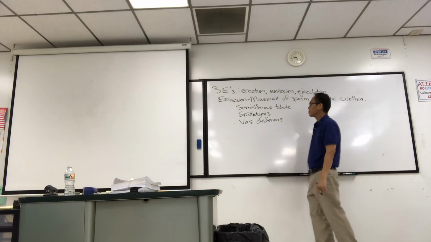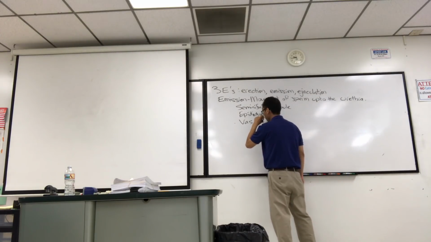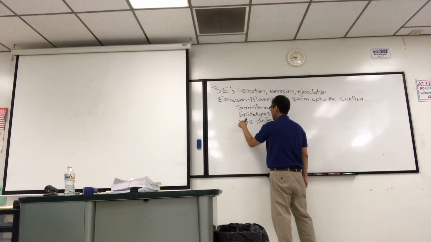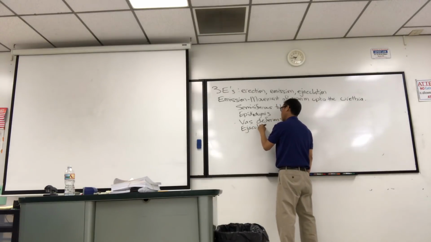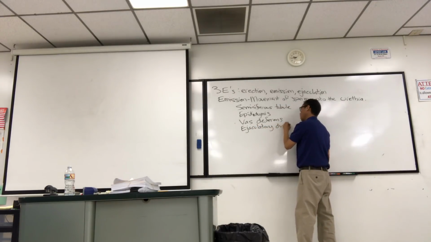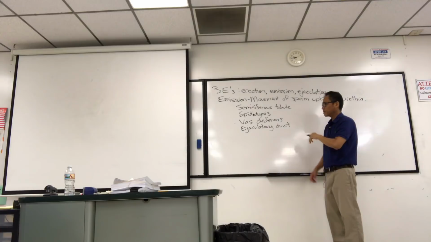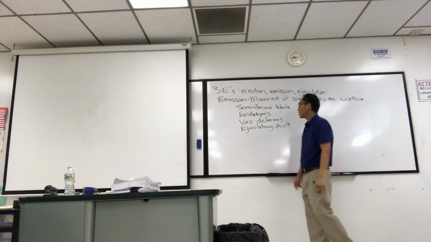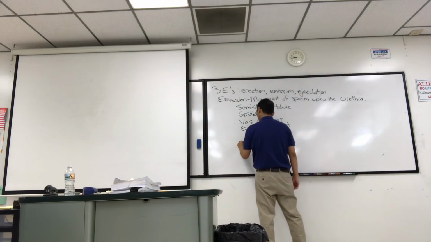N is nothing. 7. Oh wait, no, I forgot an E. The second E is ejaculatory duct. And the N of 7 is nothing. UP is basically urethra and penis.